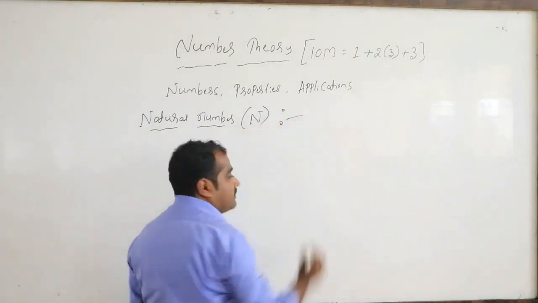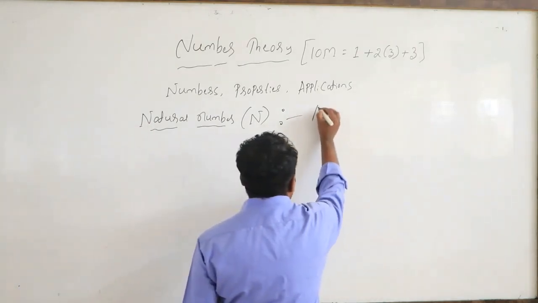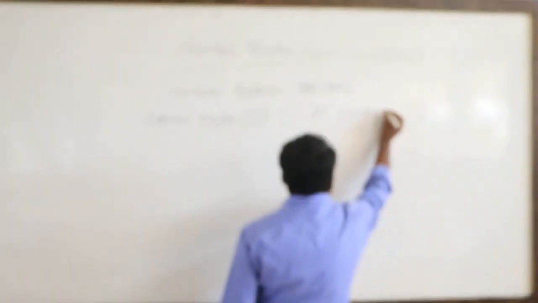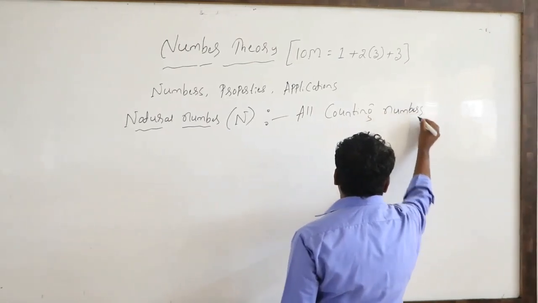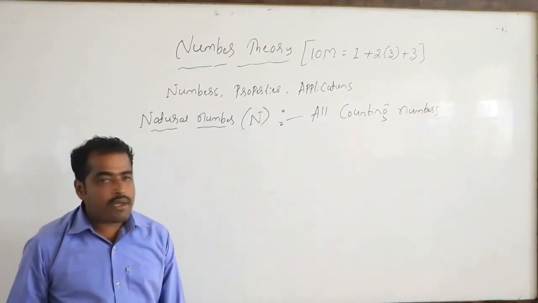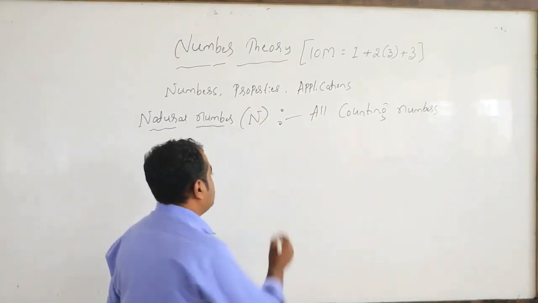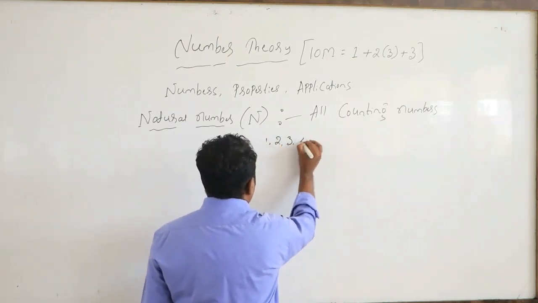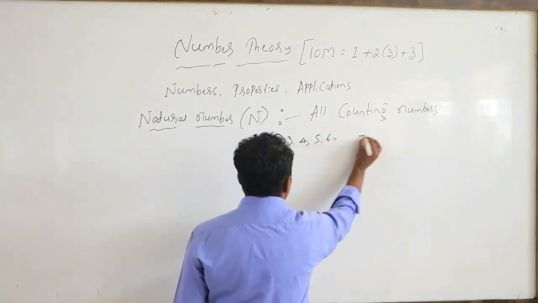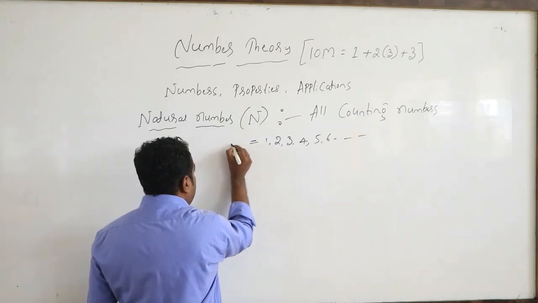Natural numbers are all counting numbers. All counting numbers are called natural numbers. Natural numbers start from 1, 2, 3, and so on. Counting means 1, 2, 3, 4, 5, 6, 7, and so on.